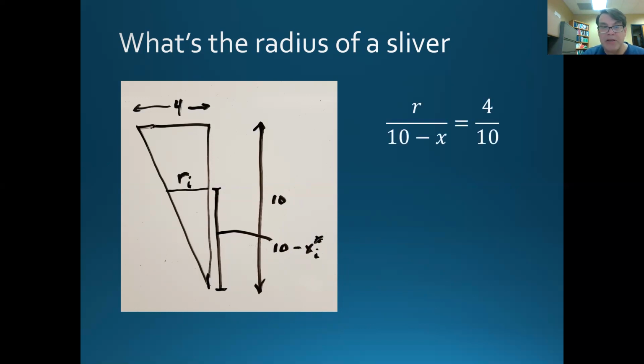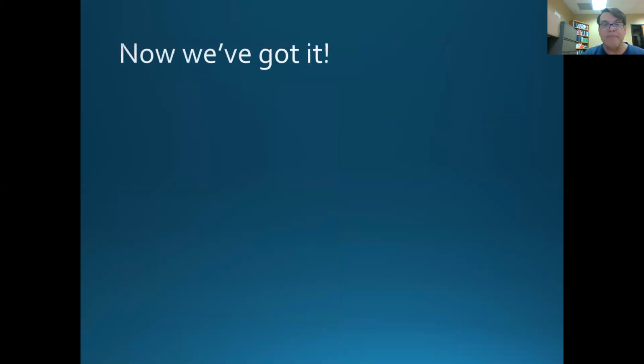Using proportionality, 4 over 10 is r over 10 minus x. Ta-da! Now we just solve for r by cross multiplying, or you could just multiply both sides by 10 minus x, and you get r equals 4 times 10 minus x over 10, which is 2/5 of 10 minus x. Okay, now we've got it.